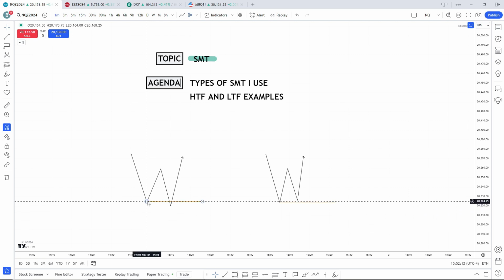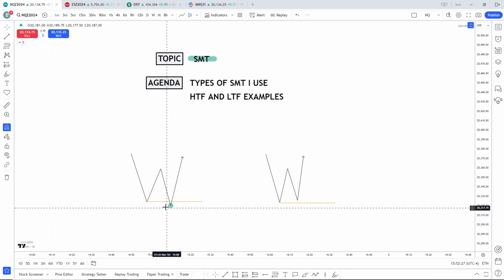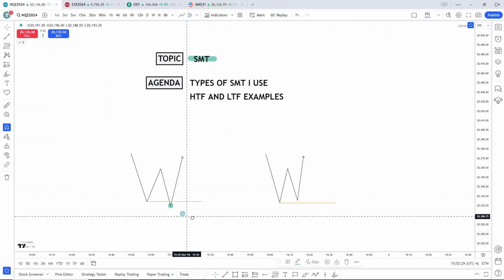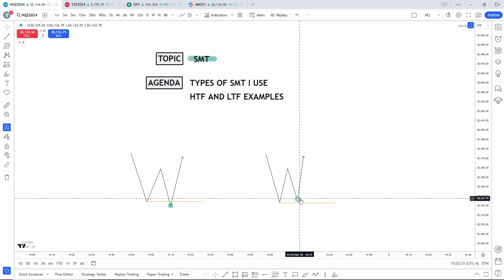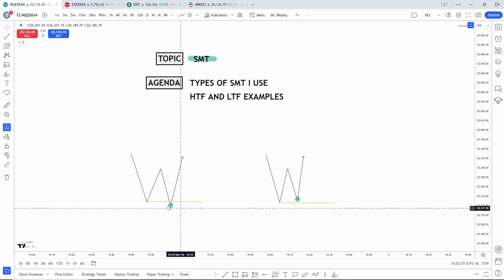Anybody that is long at this low is going to have their stop loss below this low. And as we know, deep pockets cannot get into the market unless there are purges of liquidity. So seeing this liquidity purge, but failing to see it on ES, tells us that smart money is operating in and around this area.